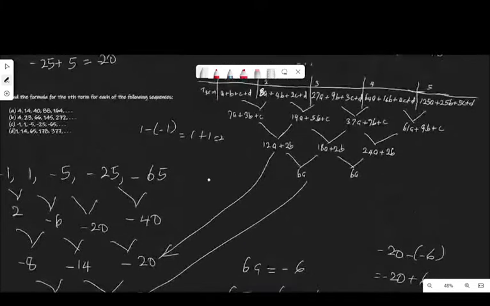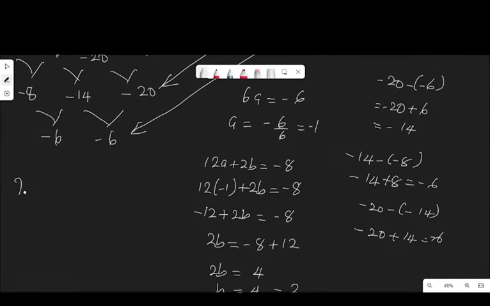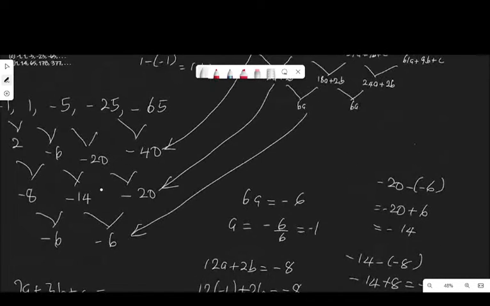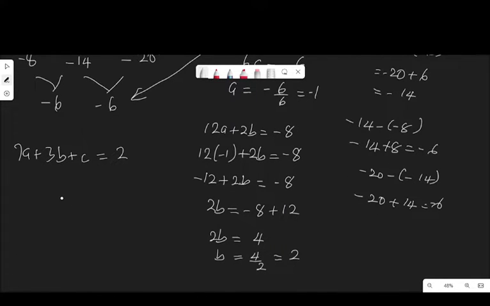And to get the value of c, we compare this row with this row. So 7a plus 3b plus c is equal to 2. 19a plus 5b plus c is equal to minus 6, and so on and so forth. Let's take the first one. 7a plus 3b plus c is equal to 2. And a is minus 1.